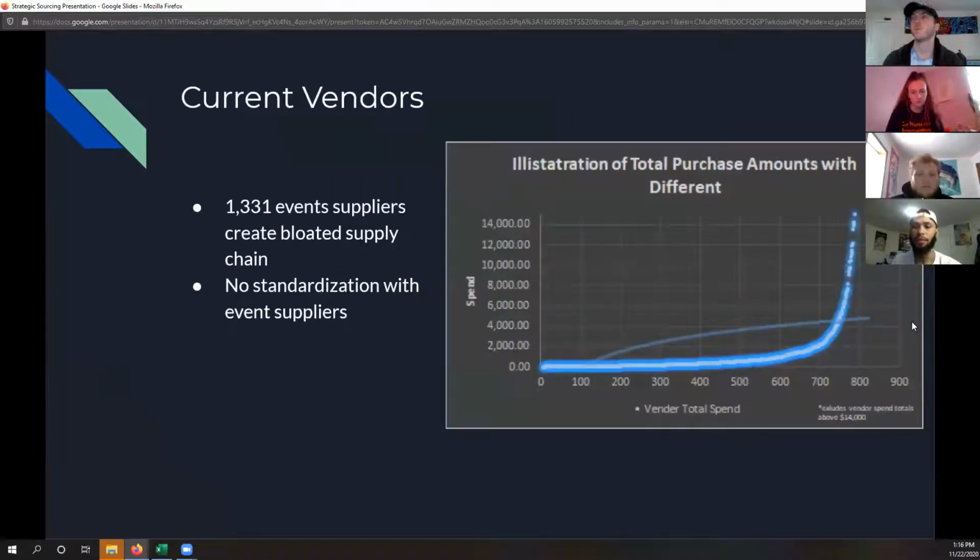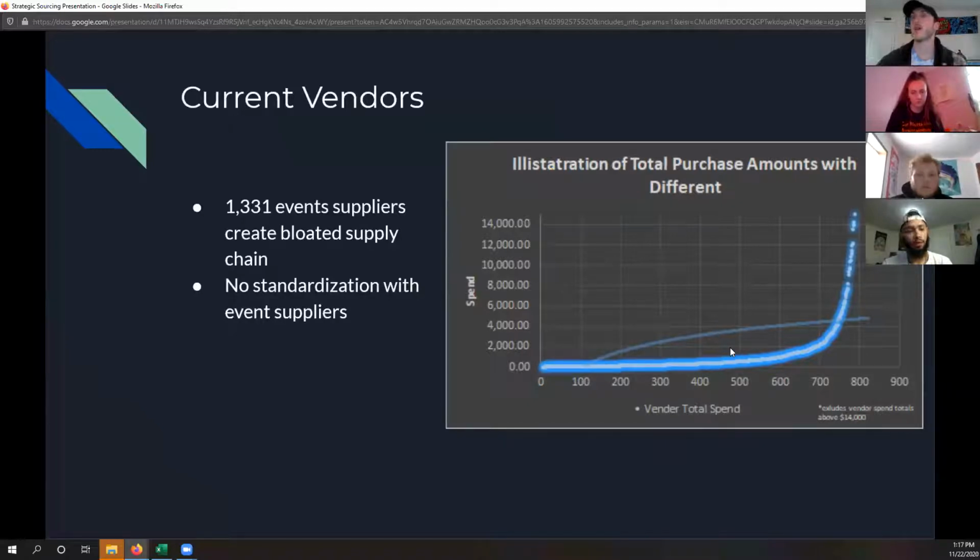So right here, we're showing on this scatter plot how horizontally integrated this specific part of the supply chain is. Ideally, we would like to flatten the curve of our vendors because we have too many vendors that we're spending small amounts with.